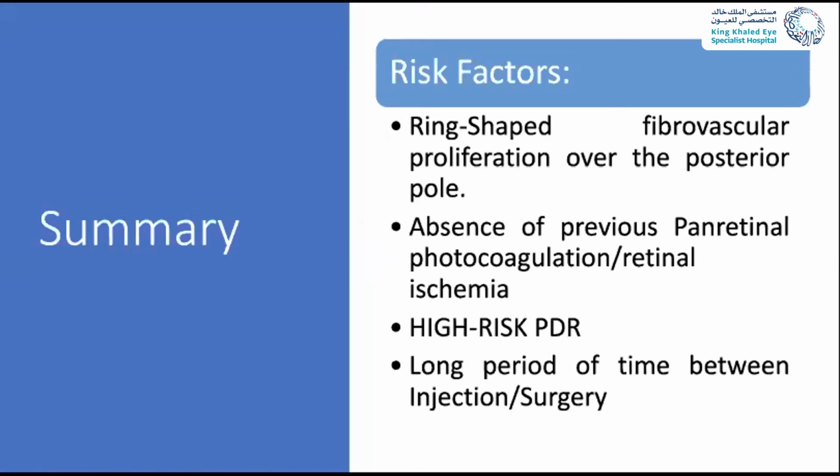High-risk PDR was also established as a risk factor. Also, if we allow a long period of time to pass between the injection and surgery, this will also lead to a higher incidence of crunch.